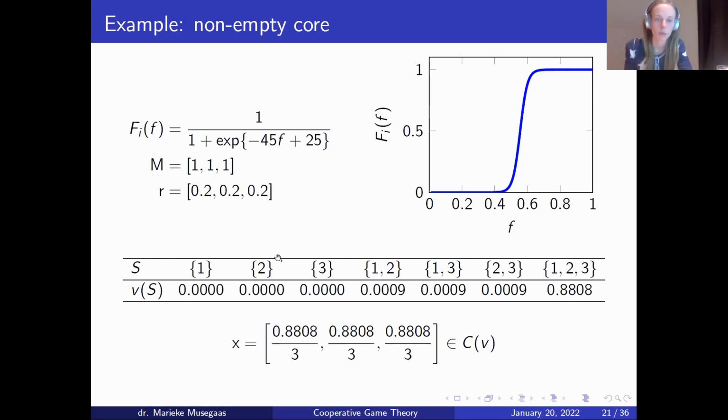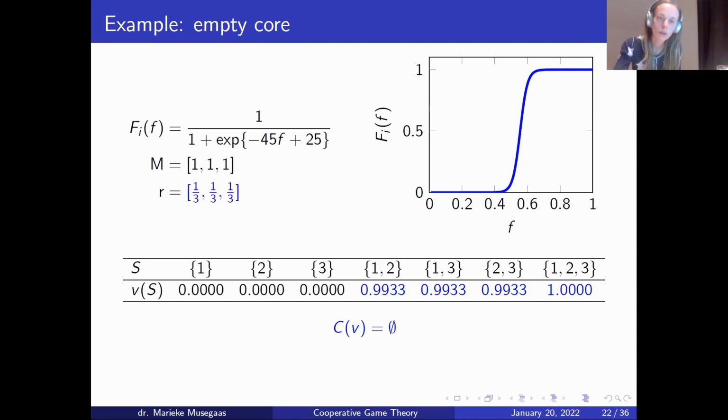Well, players 1, 2, and 3 individually, of course, they will agree because they get at least 0. 1 and 2 together, do they get at least this amount? Yeah, sure, this is much more than the value over here. So we find the core element, so the core is non-empty. Yeah, so we can make the 3 players cooperate together.